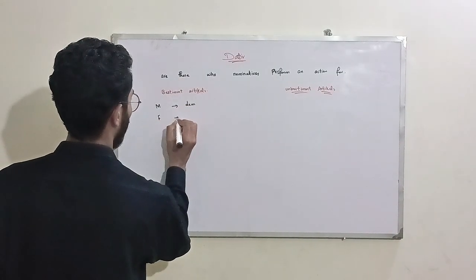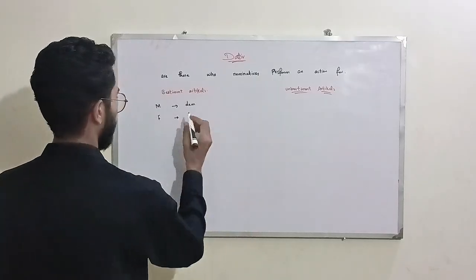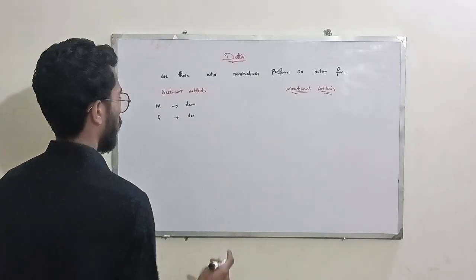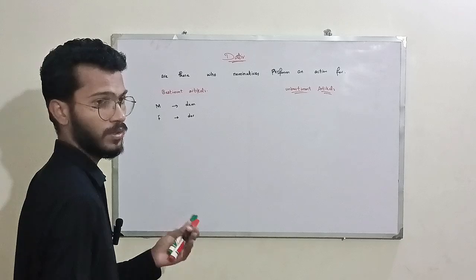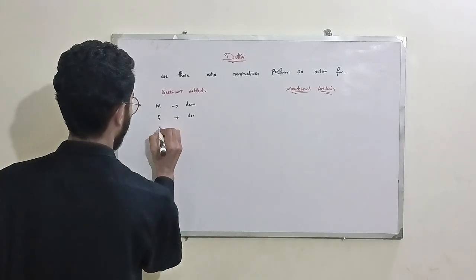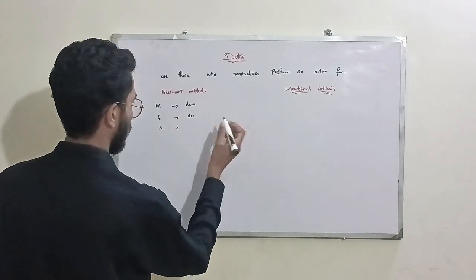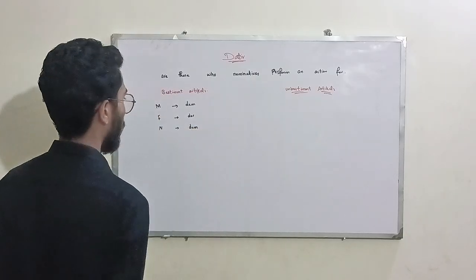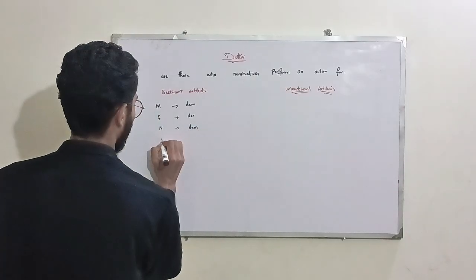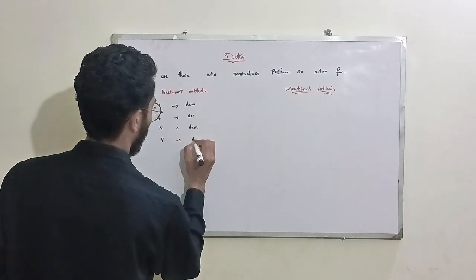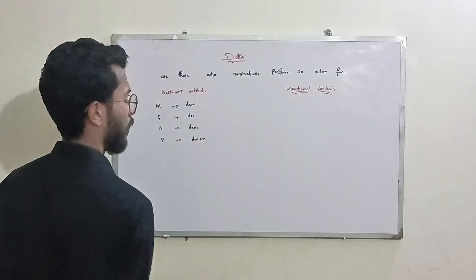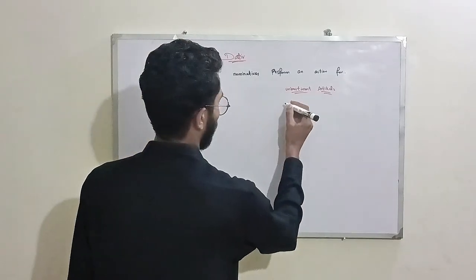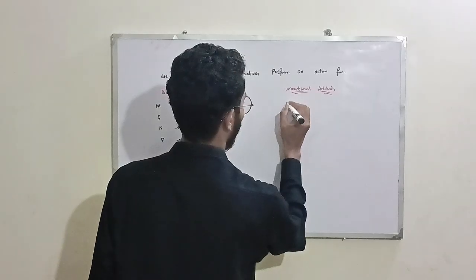For feminine, der changes to der. And for neutral, das changes to dem. And for plural, die changes to den plus n.